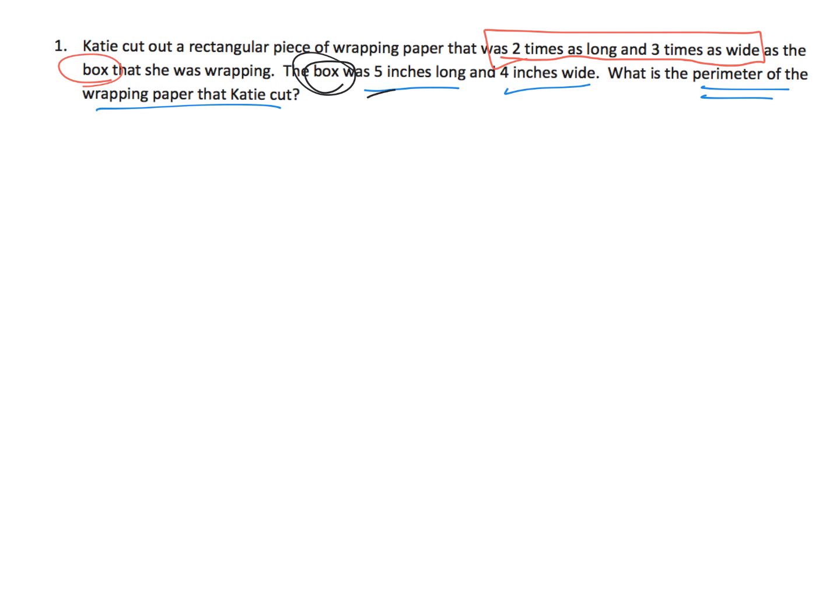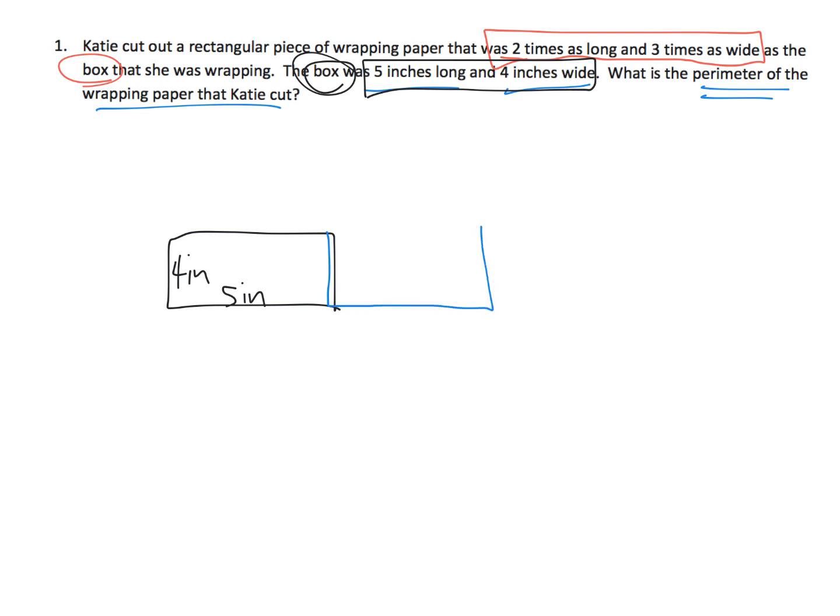So the box was 5 inches long and 4 inches wide. So that's going to look like this. All right, so I'm going to decide that this is a 4 inches wide and 5 inches long box. Now it says the wrapping paper was 2 times as long and 3 times as wide. So 2 times as long means we're going to double the length, and we are going to triple the width.